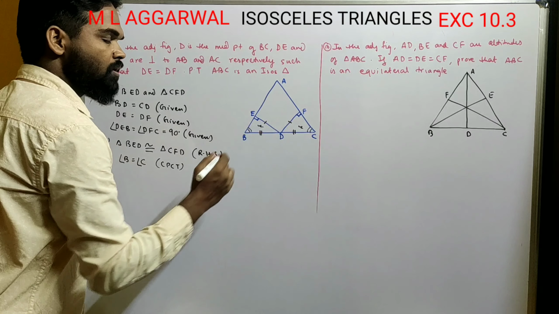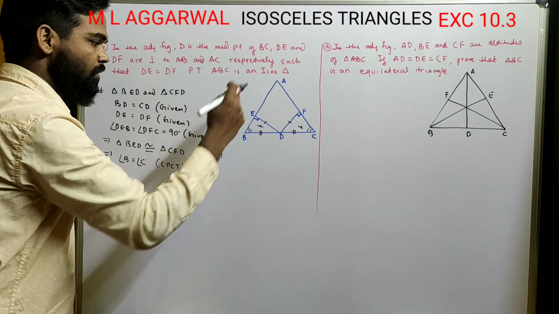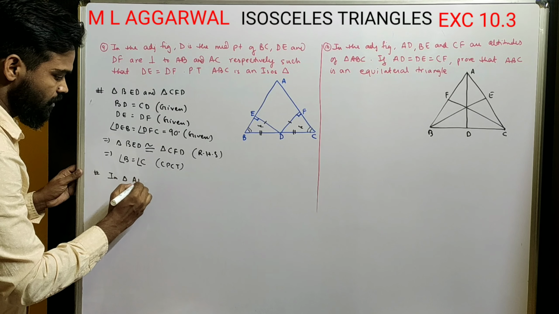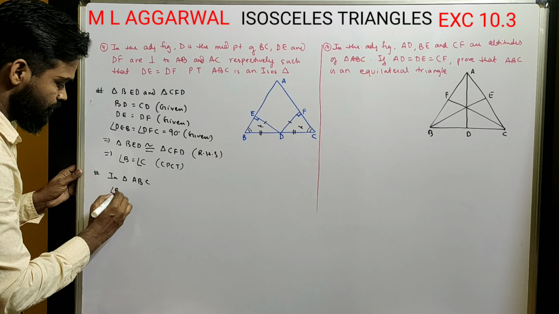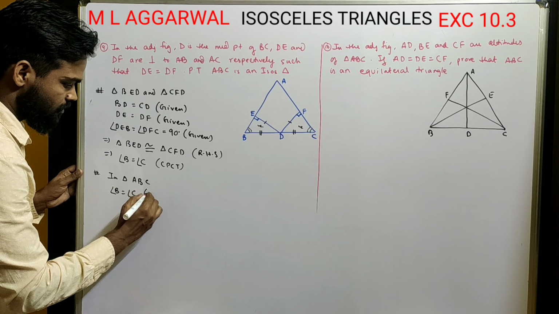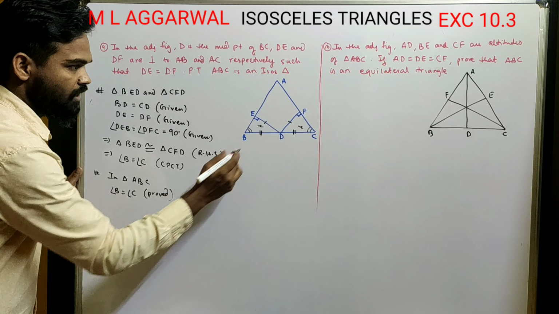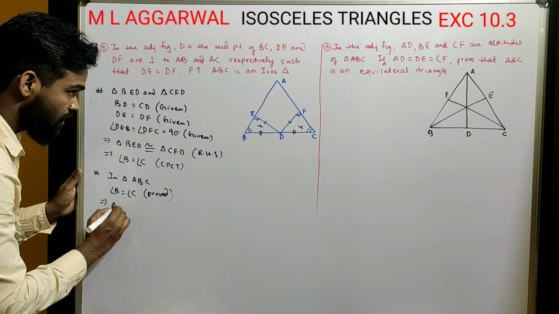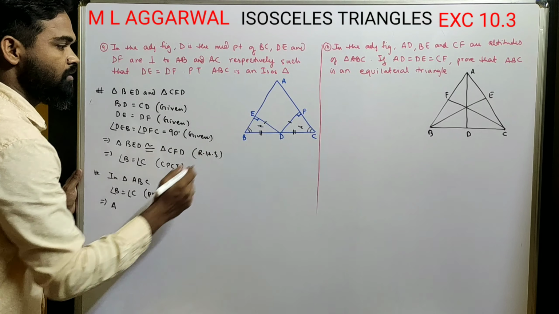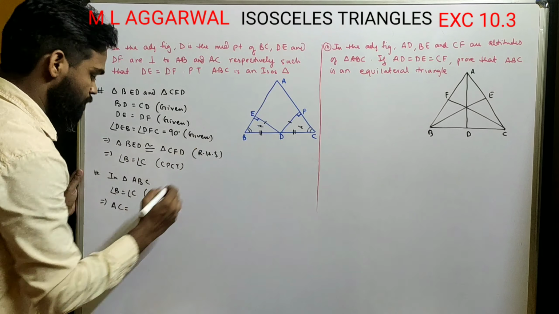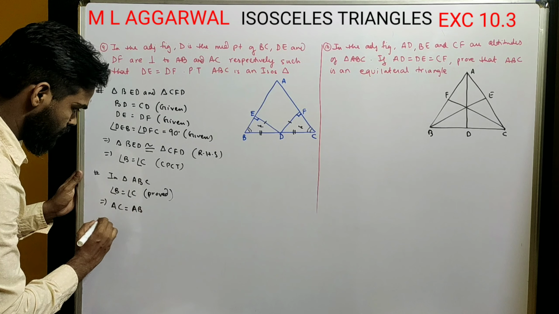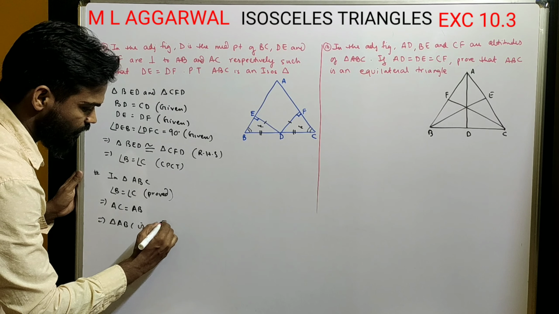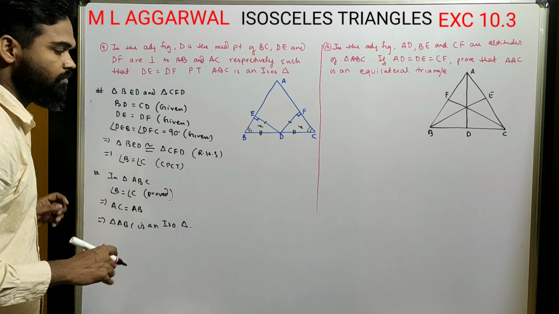Now if these two angles are equal, look at the bigger triangle. In triangle ABC, angle B is equal to angle C. Just now we have proved that. And if these two angles are equal, the opposite sides are equal, which means AC is equal to AB, implies triangle ABC is an isosceles triangle.